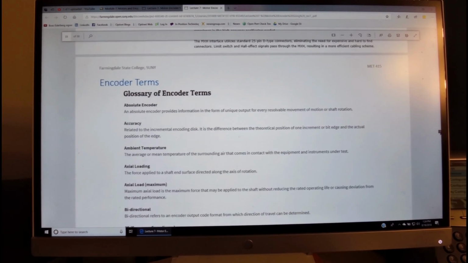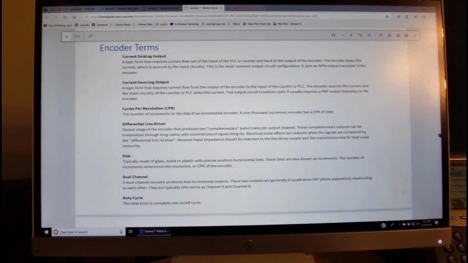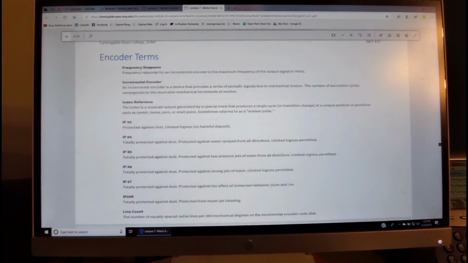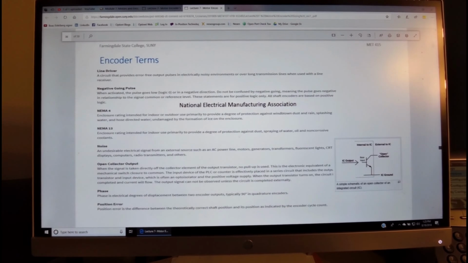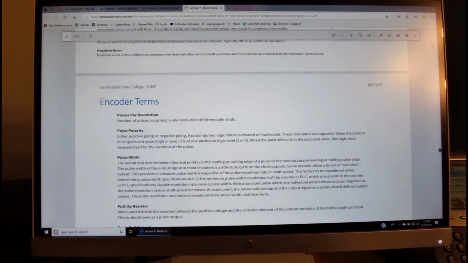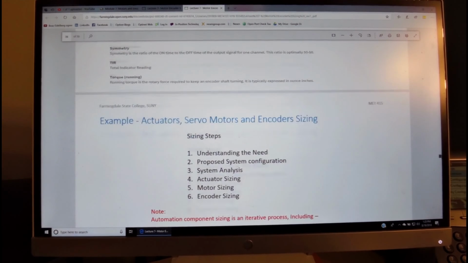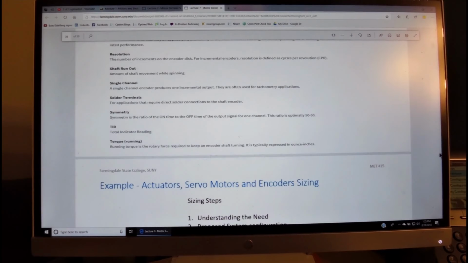Over here we have several definitions of encoder terminology, and we recommend that the student look at it, study it, and try to become familiar, because these terms are often used in industry to define the properties of an encoder.